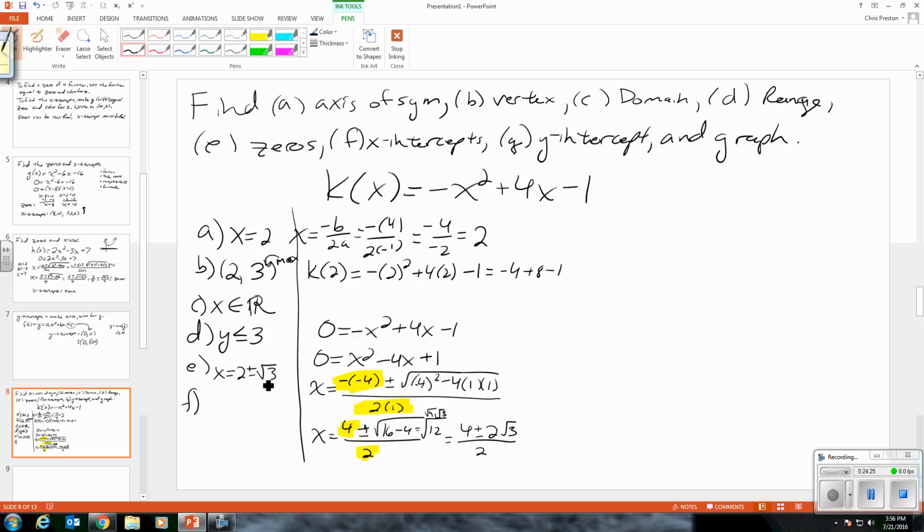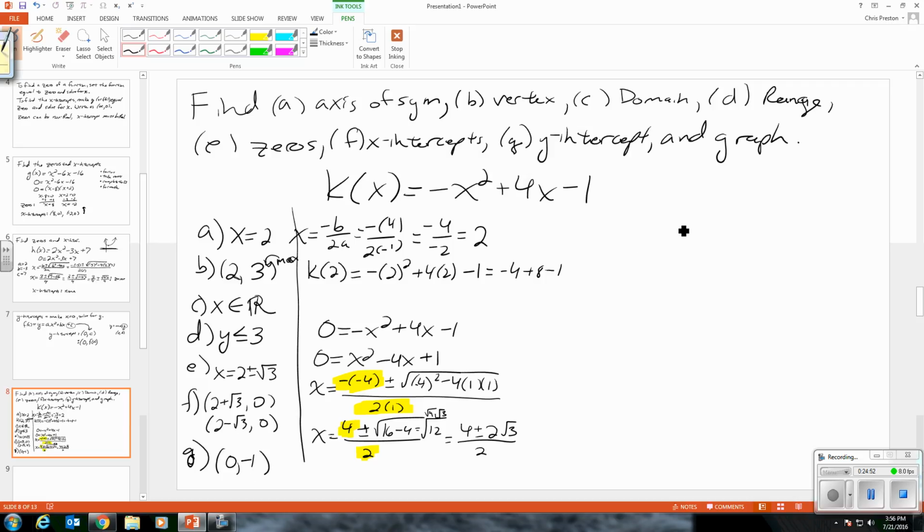And my x-intercepts are 2 plus root 3 comma 0 and 2 minus root 3 comma 0. Now my y-intercept. Getting ahead of myself. Y-intercept, wait. If x is 0, then it's 0, negative 1.